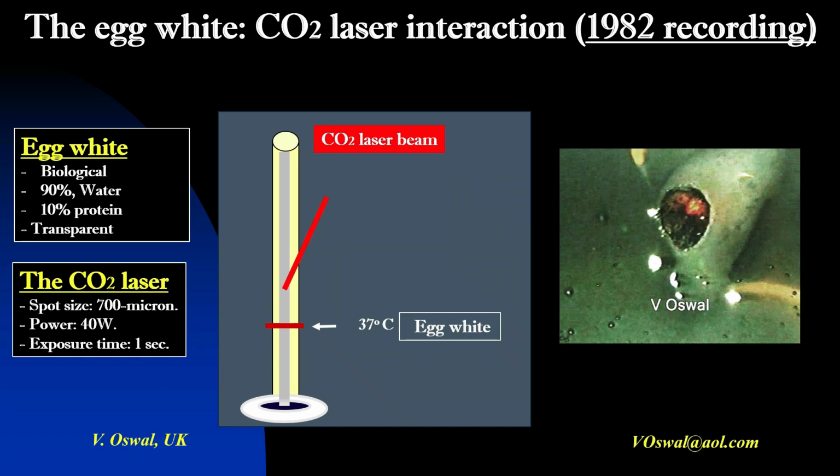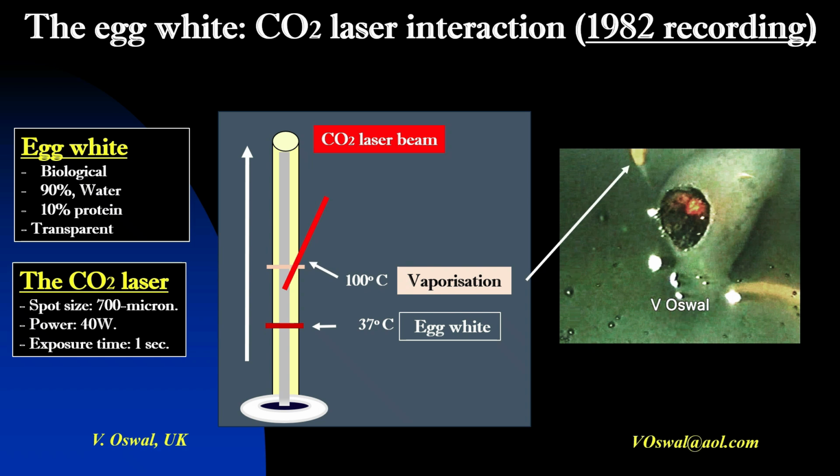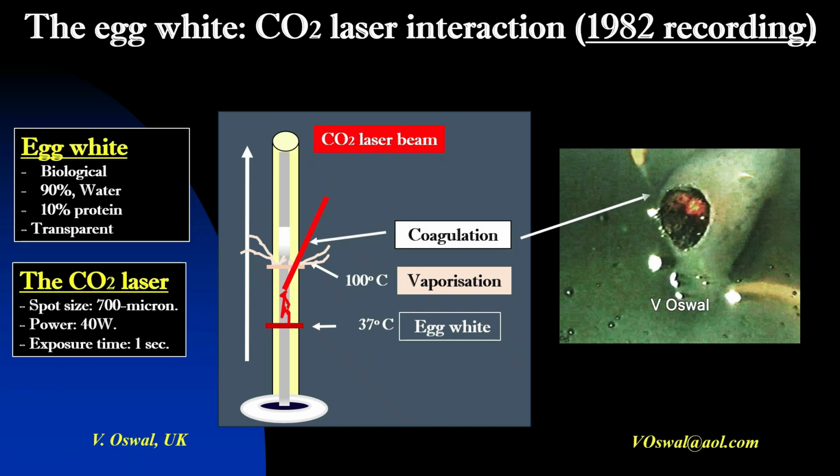When the CO2 laser strikes the egg white, it interacts with water, which is its key chromophore. The water turns to steam at 100 degrees centigrade and escapes as vapor. As the water depletes, the laser energy scatters and interacts with the proteins in the egg white, generating heat and coagulating them.